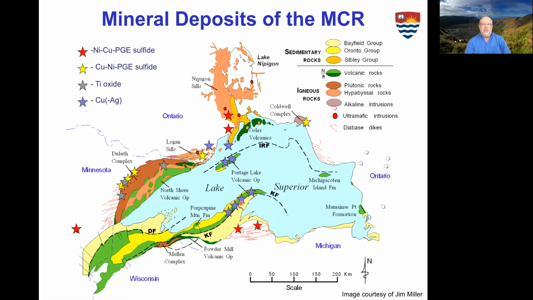So there's a long history of copper mining. Copper sulfide systems, there are some sediment-hosted copper systems in through there. We do have Silver Islet, the silver mine, which back in the 1800s was the largest silver mine in the world. So there's a long history of mineralization in the region. The main exploration targets at the moment, though, are the nickel copper PGE systems.